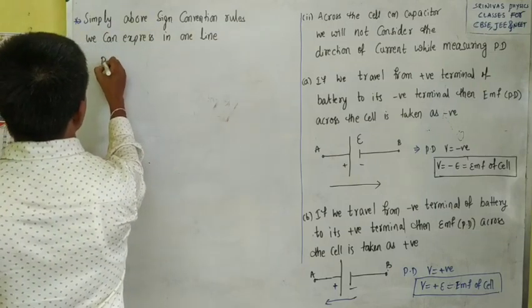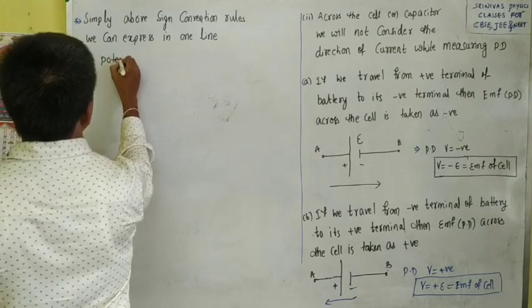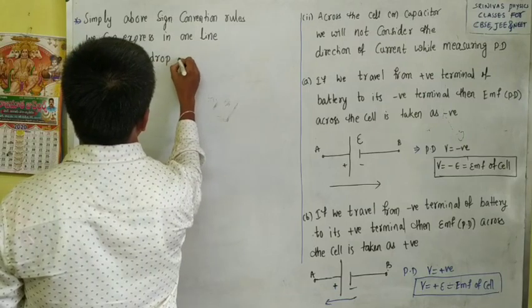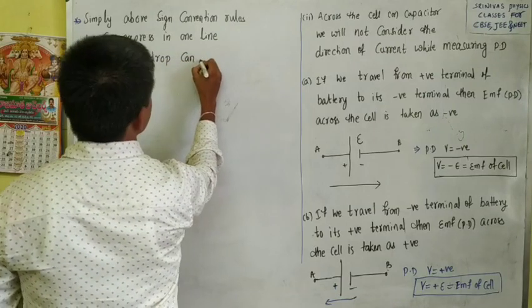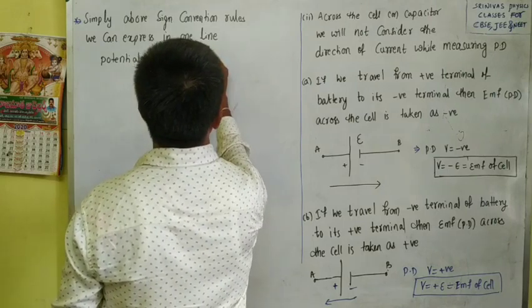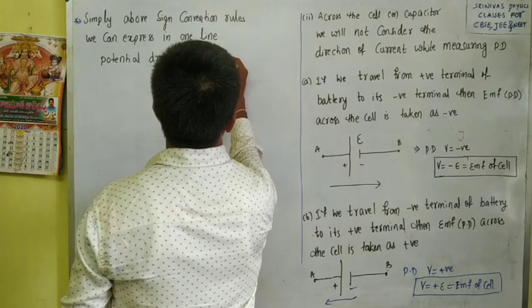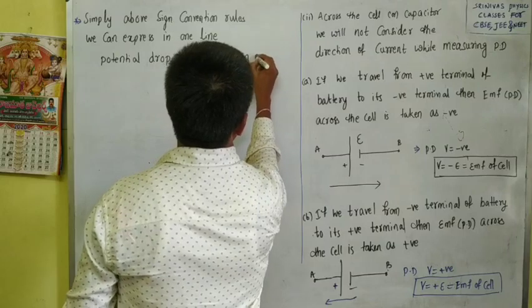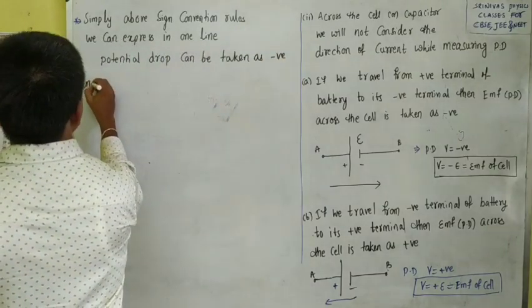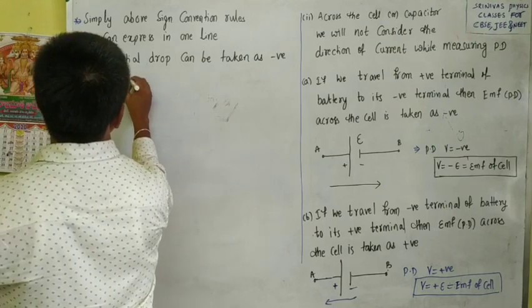That is, potential drop can be taken as negative, drop means decrease, and potential rise can be taken as positive. That's all.